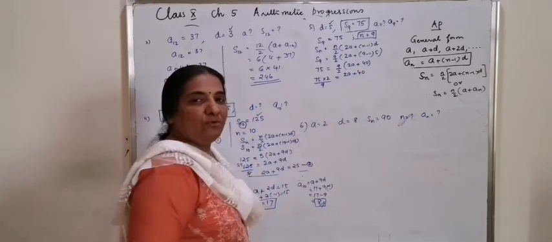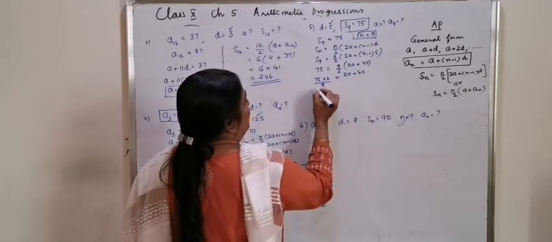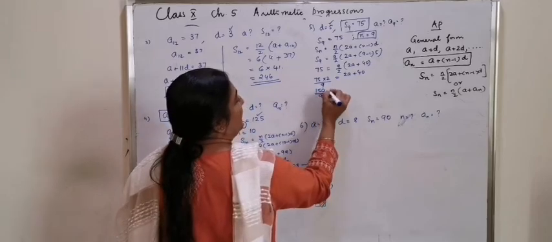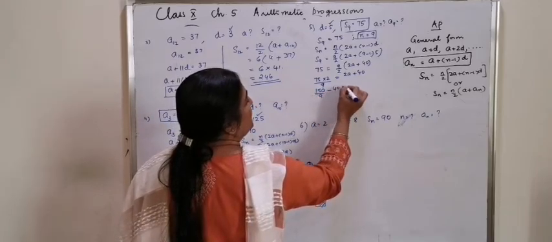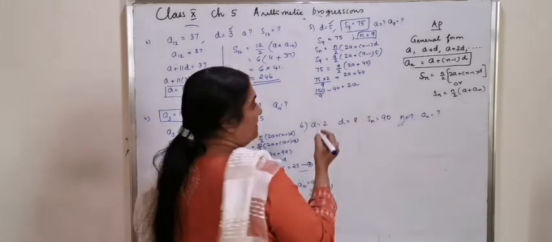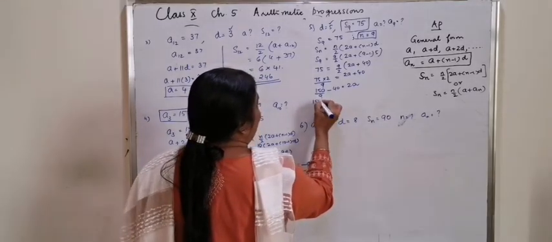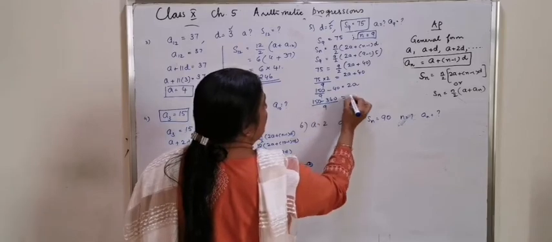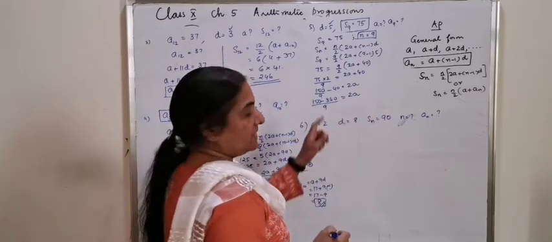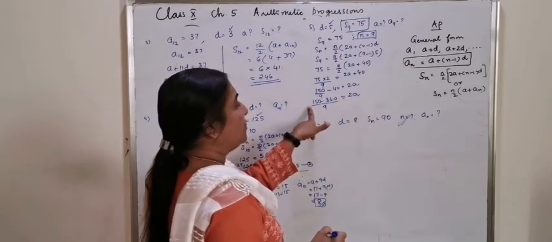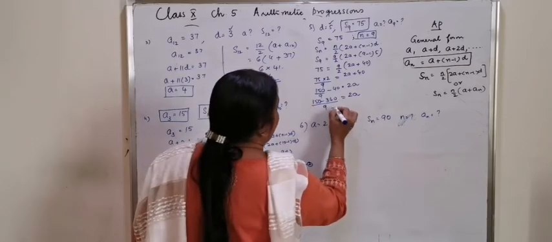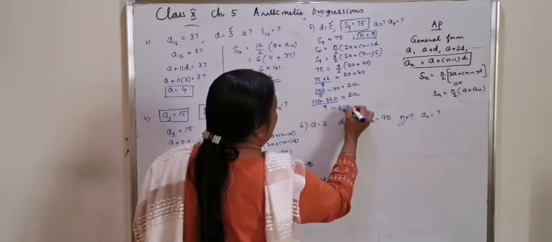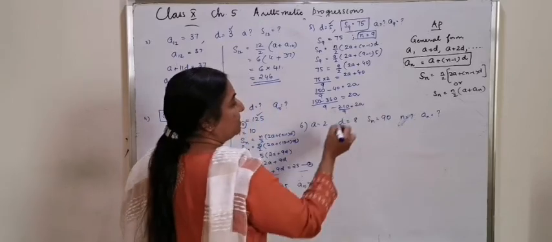You have to get the value of A. So 150 by 9 minus 40 is equal to 2A. By LCM, 150 minus 360 by 9 is equal to 2A. 150 minus 360 is minus 210, so minus 210 by 9 is equal to 2A.